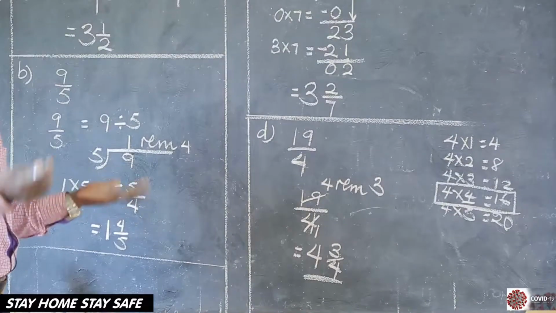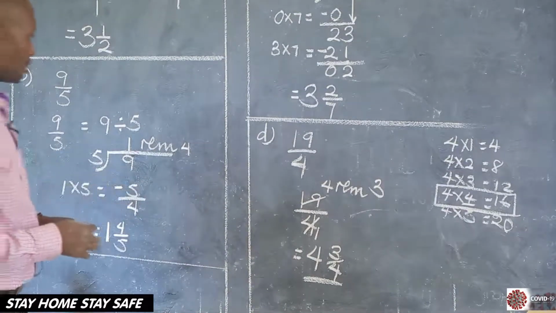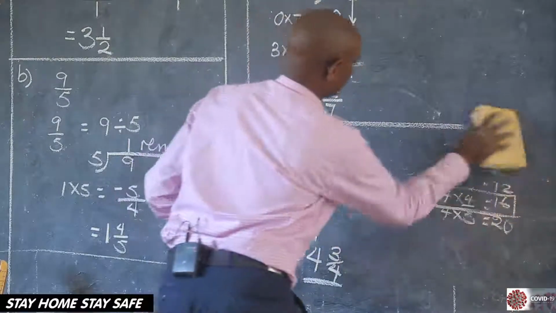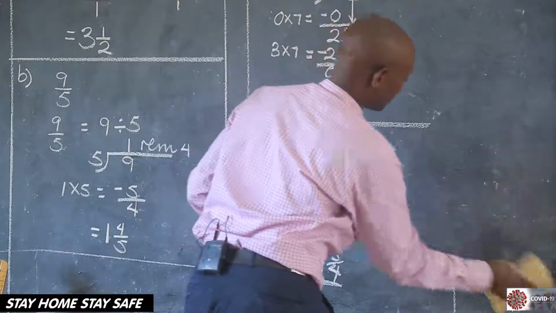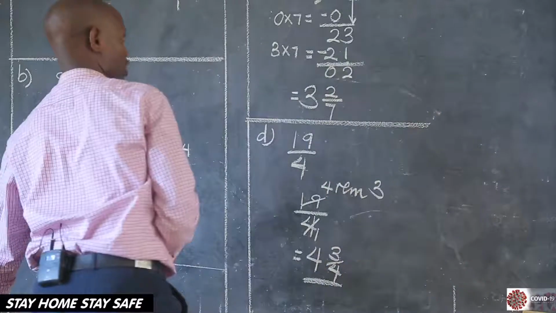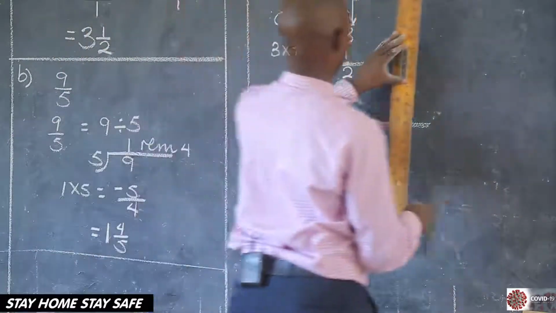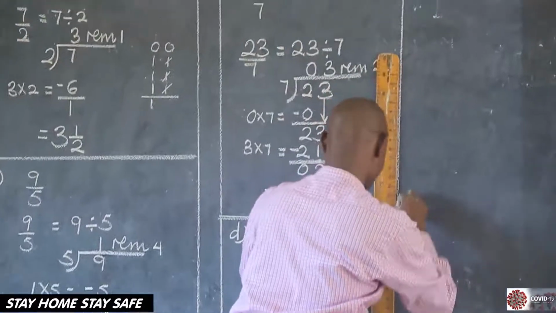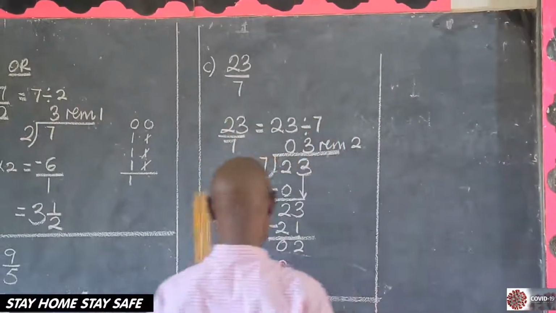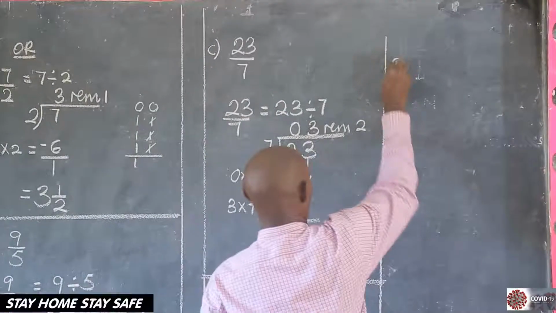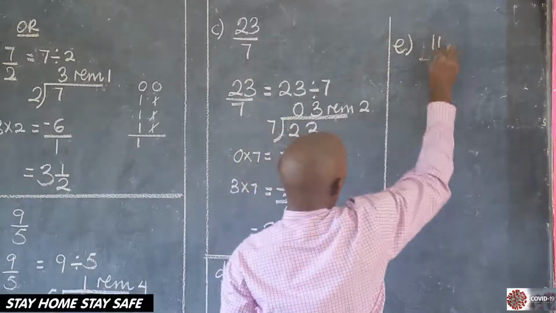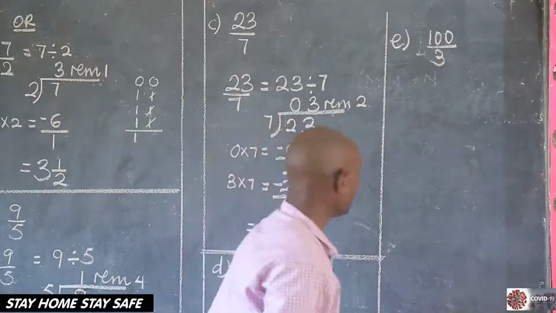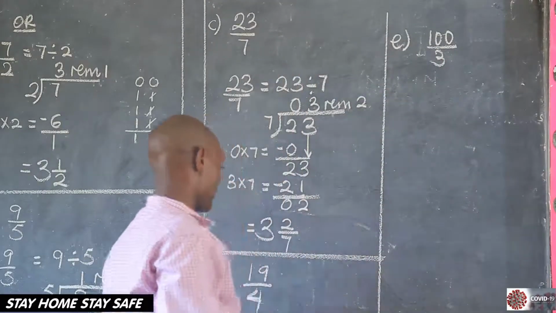Can we have one more example? Let's have one more example. This time, let's have a number which is in hundreds, and we see what to do. E, assuming it is 100 out of 3, and I want you to write this one as an improper fraction.